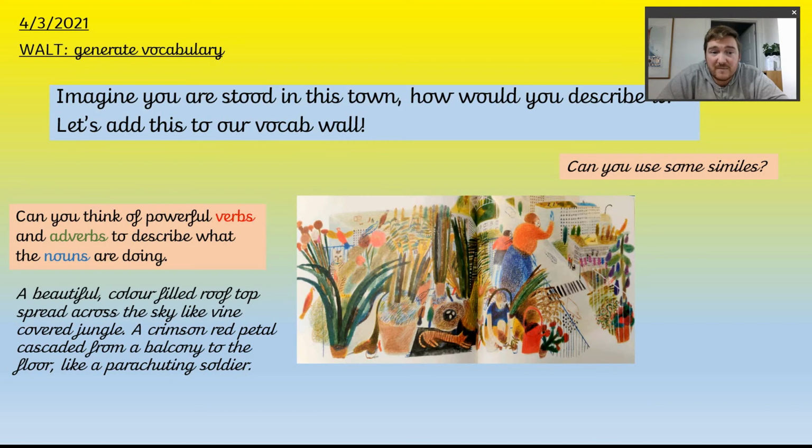What was the simile? And have I used any powerful adverbs or verbs? Do I need to improve that sentence? Write down where you can find my adjectives, similes, and if I can use or improve any powerful verbs or adverbs. Pause the video and have a go.